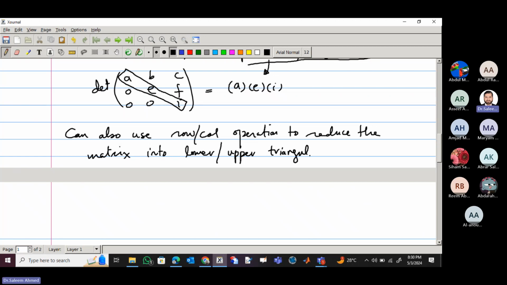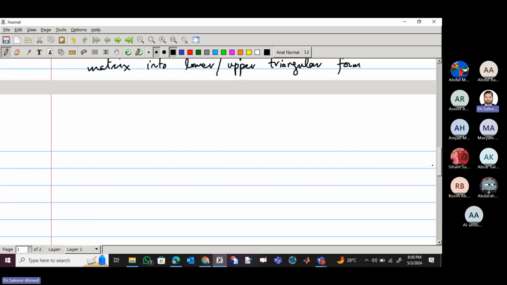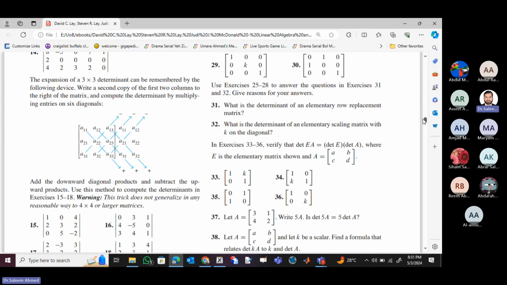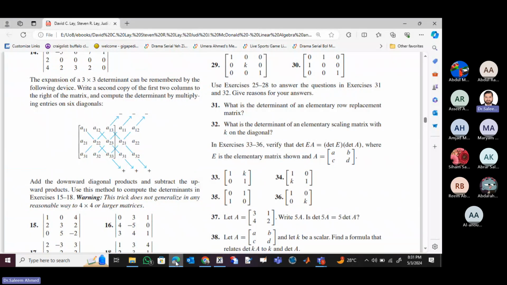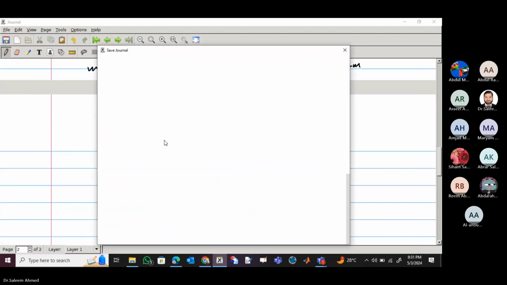So I'm just summarizing all the methods. Okay. So we can use row column operations that we use in chapter 1, right? So for example, let's say in the exercises, if it is 1, 0, 4, 2, 3, 2, and 0, 5, minus 2.